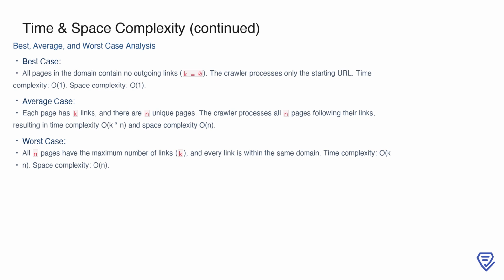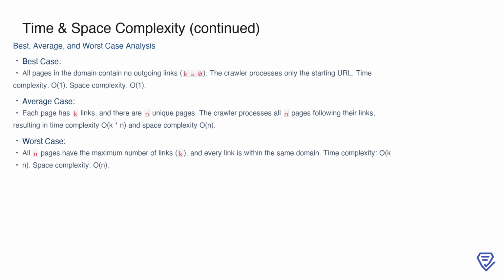Now let's consider the best, average, and worst case scenarios. In the best case, every page in the domain has no outgoing links, meaning k equals 0. Here, the crawler processes only the starting URL, leading to a time complexity of O(1) and a space complexity of O(1). In the average case, each page contains k links, and there are n unique pages to crawl.